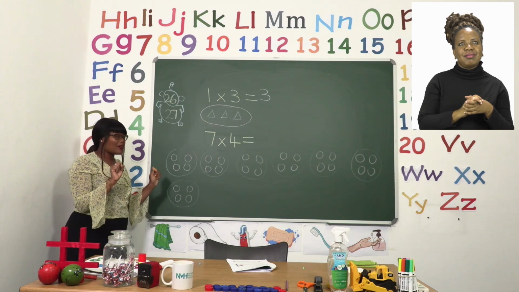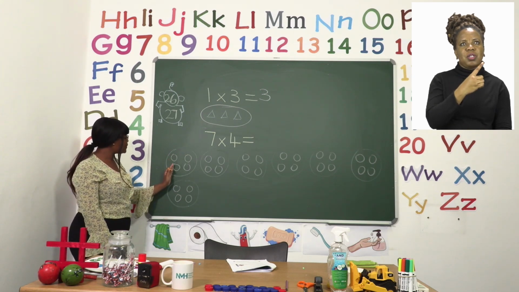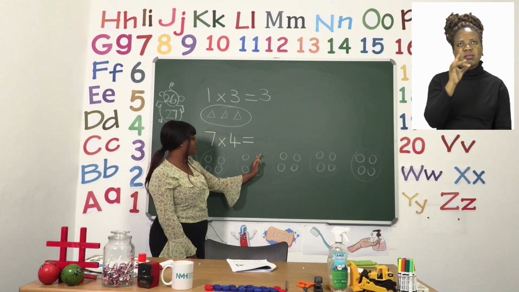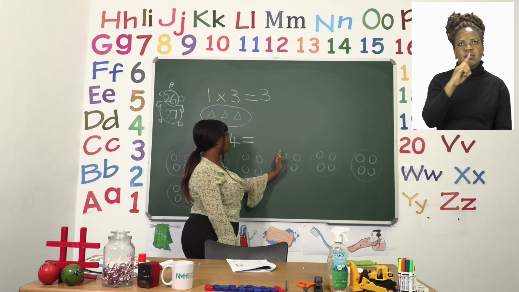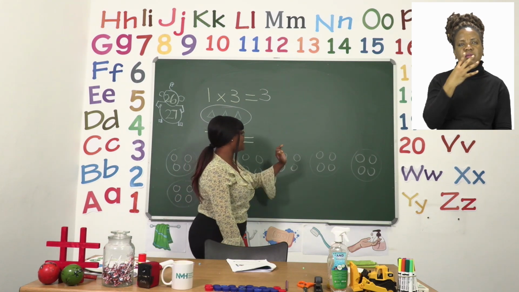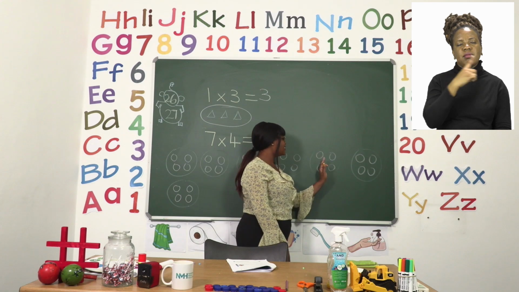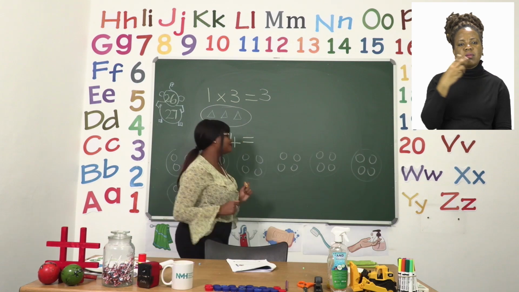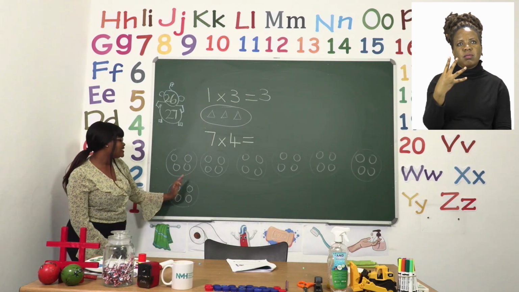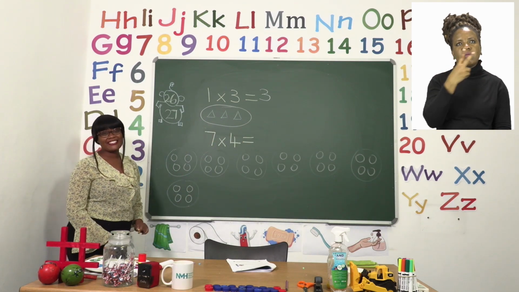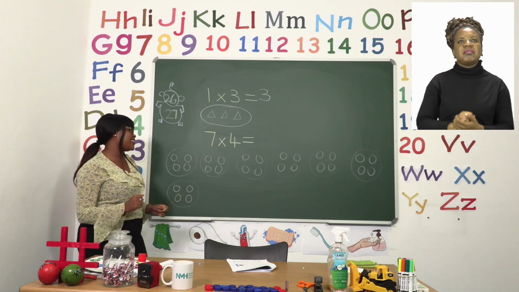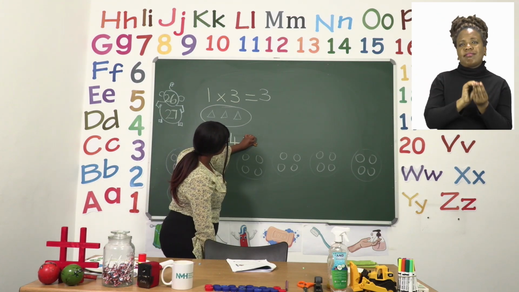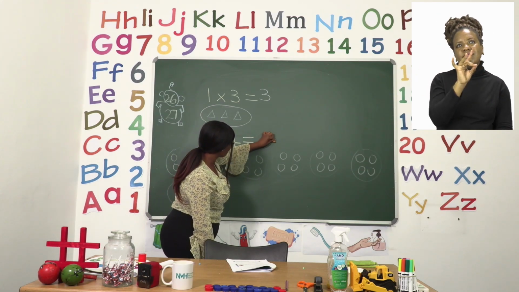So let us go. 1, 2, 3, up to 28. So we know that there are 28 things in the 7 sets. So our answer is 28.